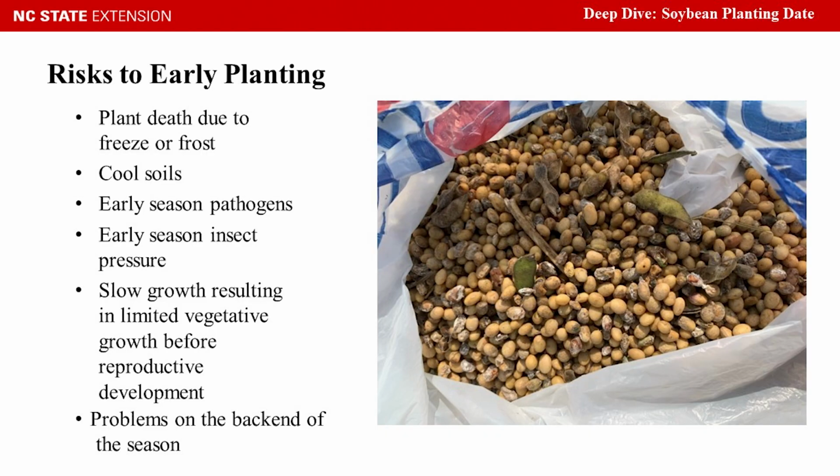One of the biggest challenges that we're going to talk about is related to what Jenny just shared with you, in that in our earliest planted beans, we often have less vegetative growth than our beans planted in late April to late May, which is counterintuitive to what you'd think. You think the earlier you plant, the more vegetative growth you're going to get, the higher yields you're going to get.